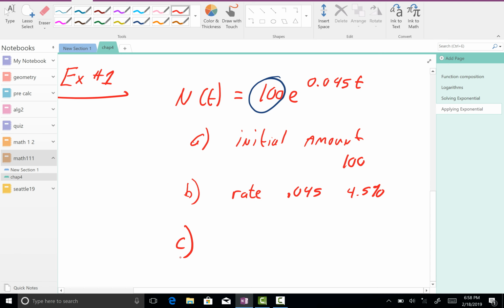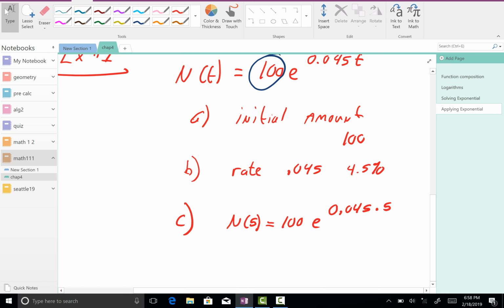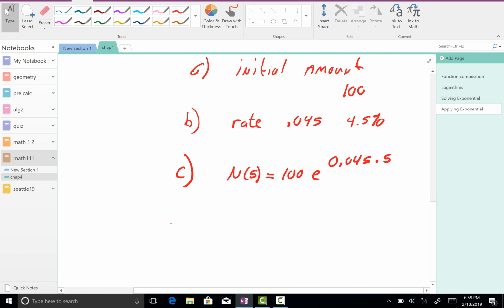C, what is the population after 5 days? So we would just go ahead and figure that out. You just put that into decimals and let it figure out. How long will it take for the population to reach 140? So that's going to go here.